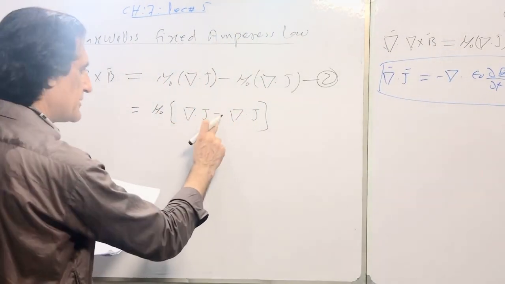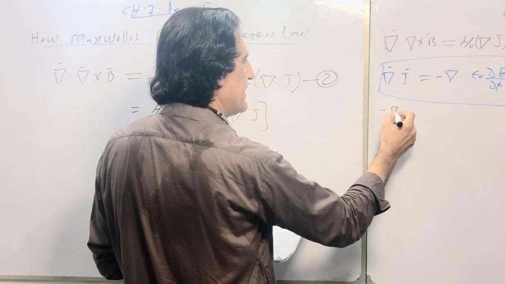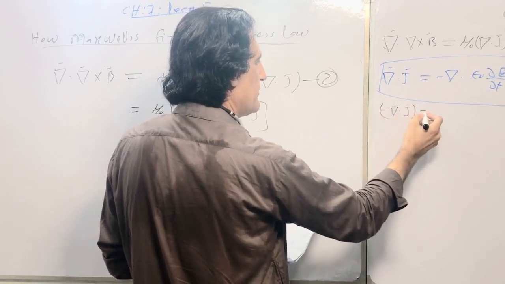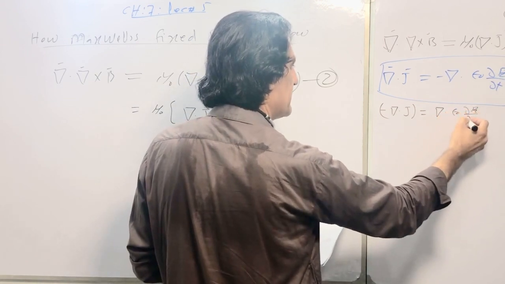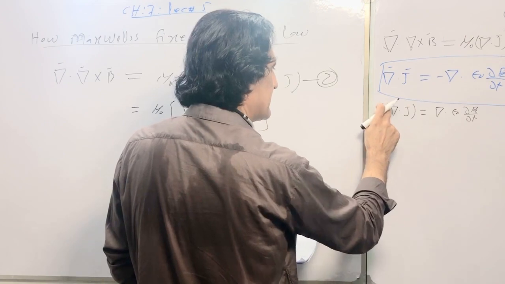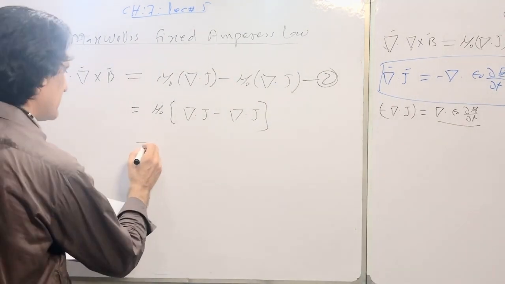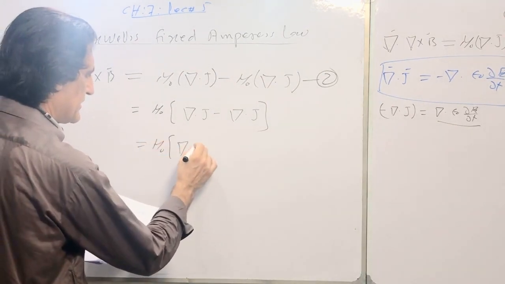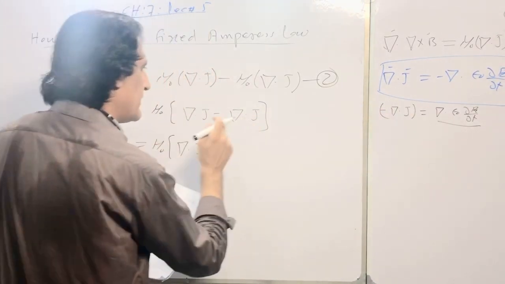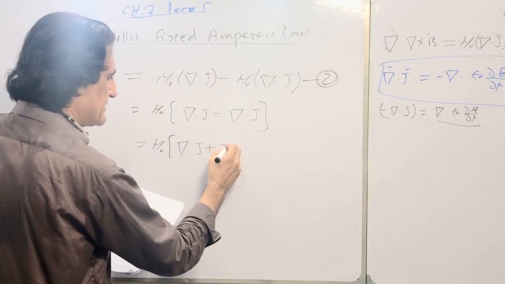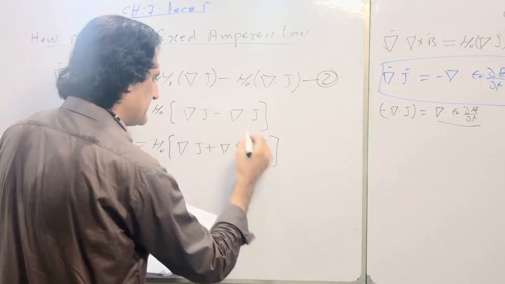If I take minus del dot J, which is equal to del dot epsilon naught partial E divided by partial t, then I can put the value of minus del dot J here, and this is equal to del dot epsilon naught partial E divided by partial t.